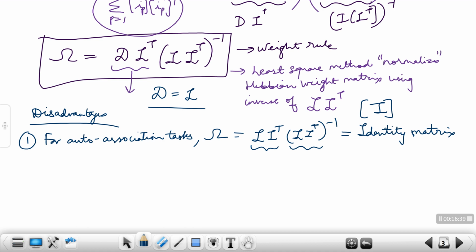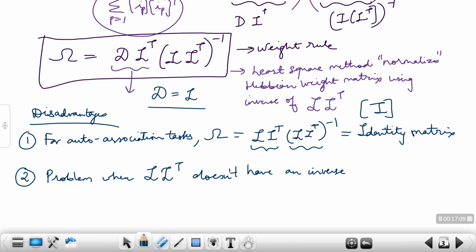Now the second thing is that there might be a problem wherein the inverse doesn't exist. Okay, so there may be a problem when I into I transpose doesn't have an inverse.